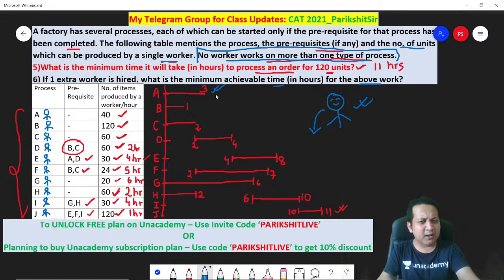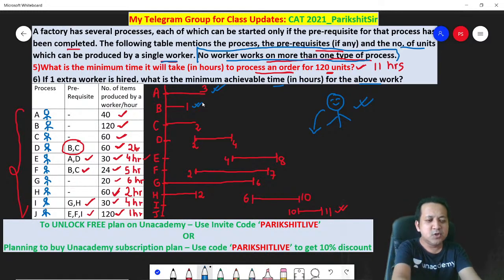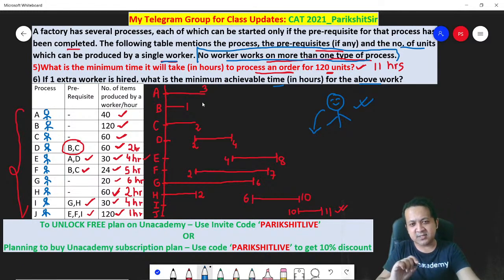Similarly, for process B, if one worker works, it takes 1 hour. But if another worker comes, you have 2 workers, and the time taken will become half, 0.5. So if you know this logic, which process should you allocate? The slowest process, which is causing the greatest delay. I would say process G. Why do I say process G?